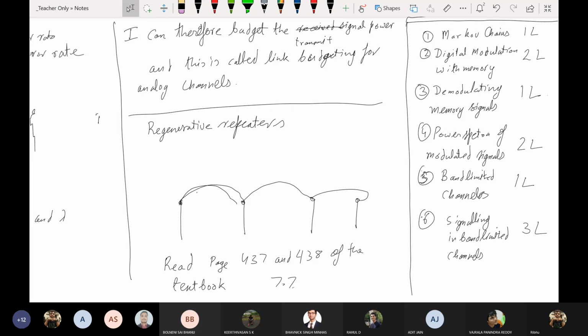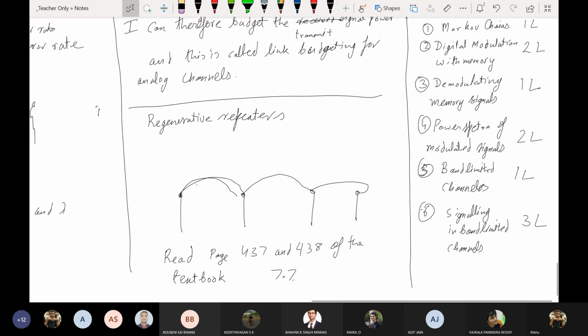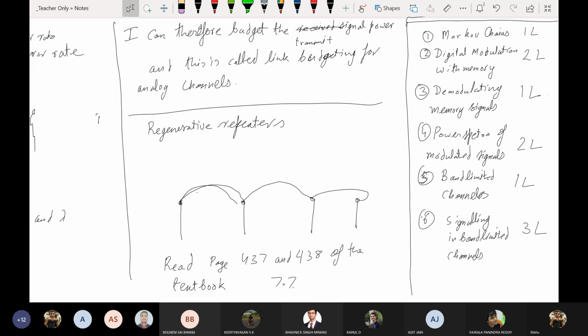Afterwards, yes, this is a part of that. And then equalization. This is just going to be an intro of equalization.